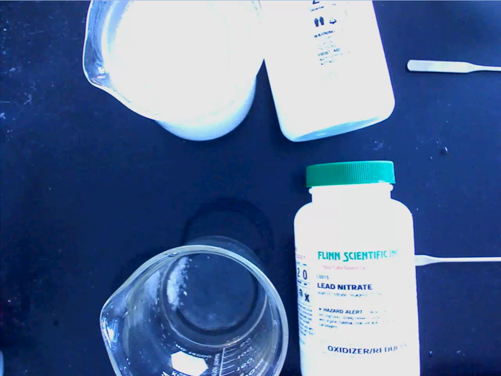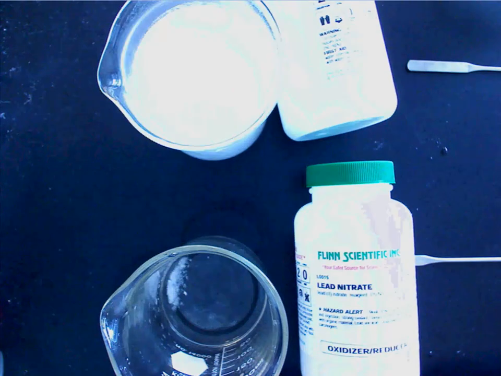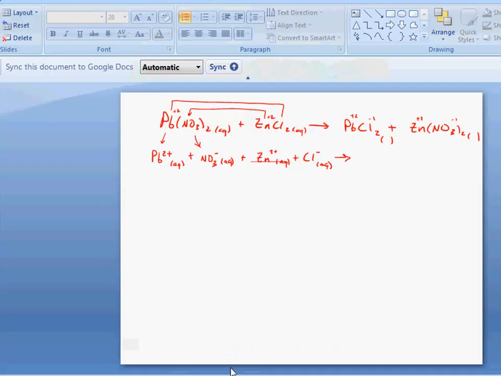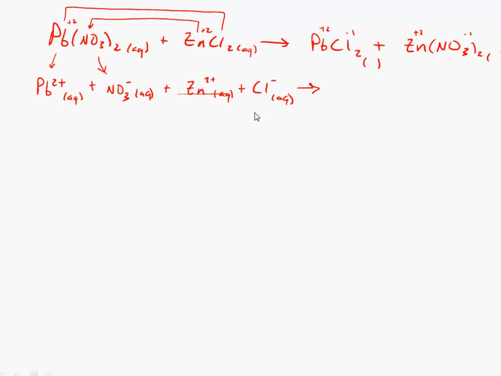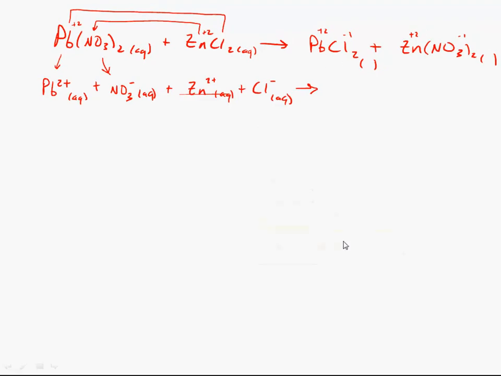So, the question is, what's the identity of that solid? Is it PbCl2 or is it zinc nitrate? But for double replacement, there are actually rules.